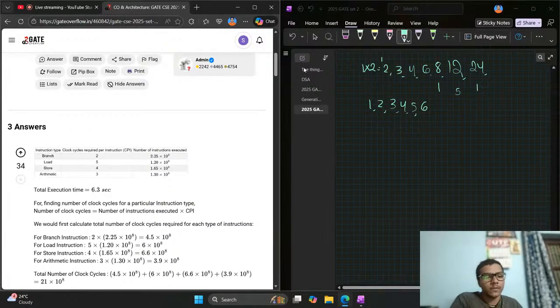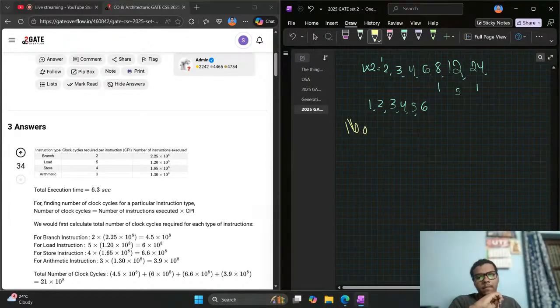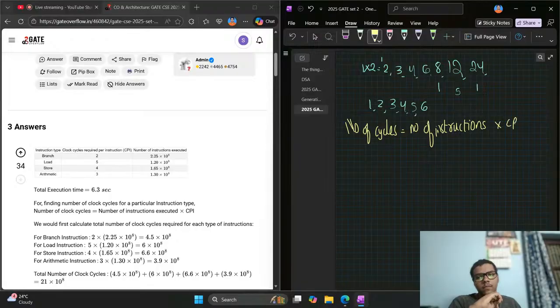So we had 2 formulas. Number of instructions executed. What we need? Number of clock cycles. Number of instructions times CPI, clock cycles required per instruction.